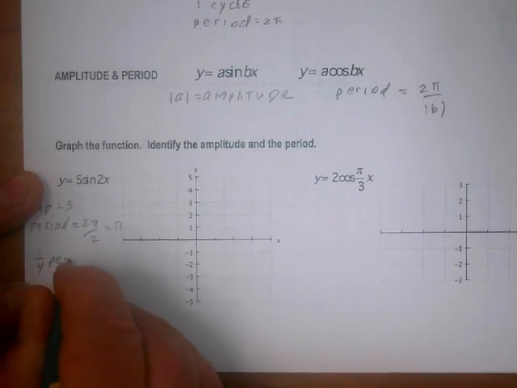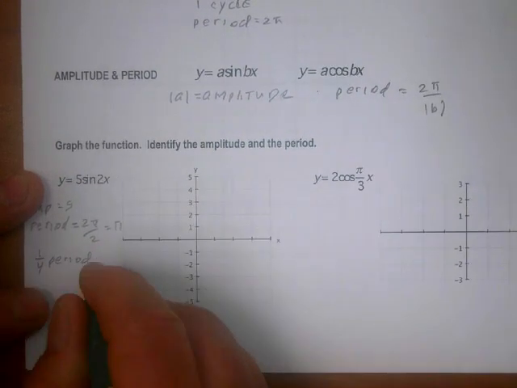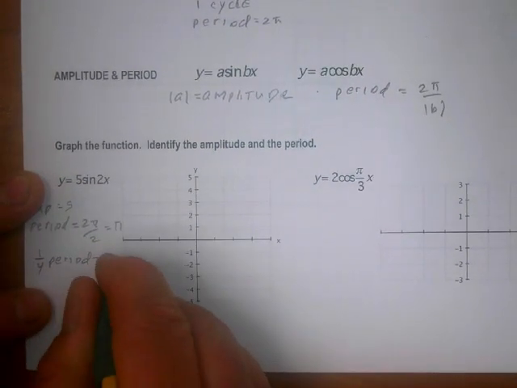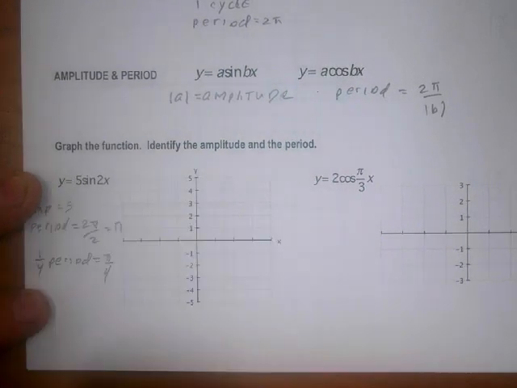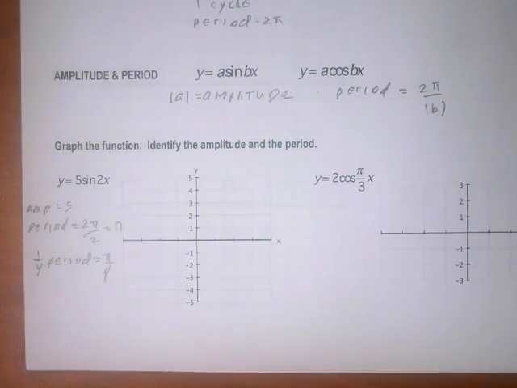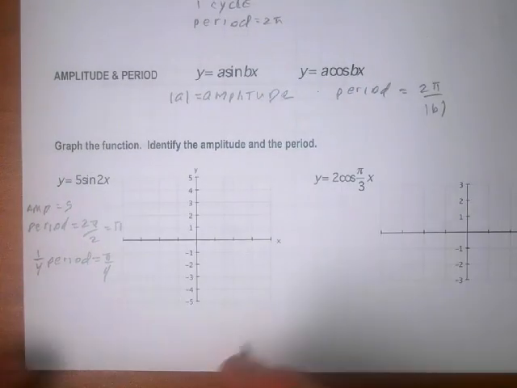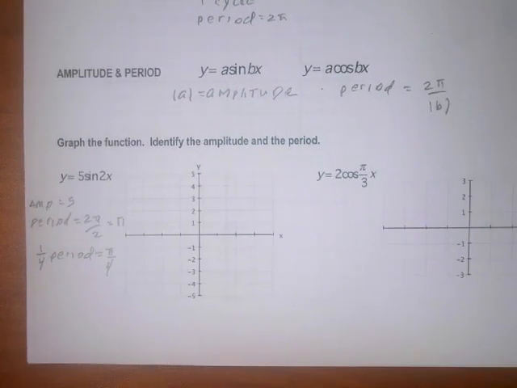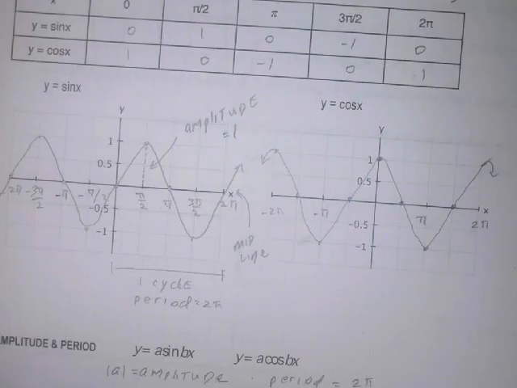A quarter period equals pi over 4. Now this is going to come into play in just a minute.